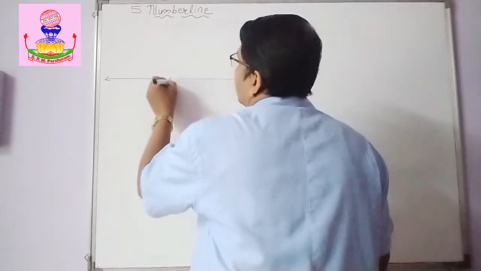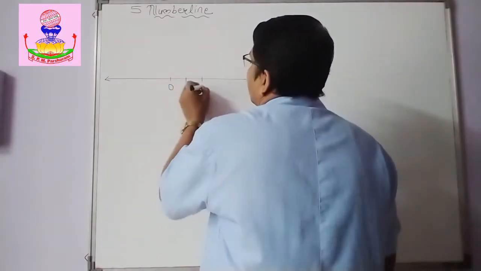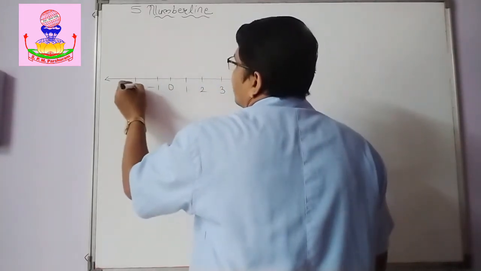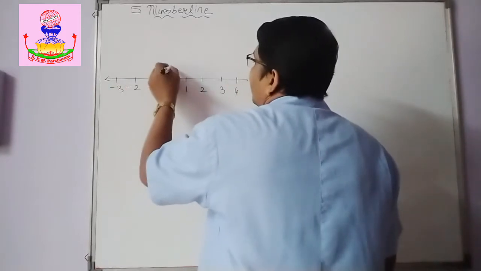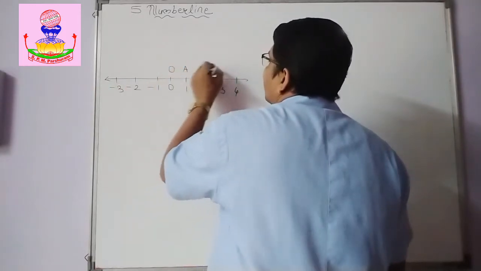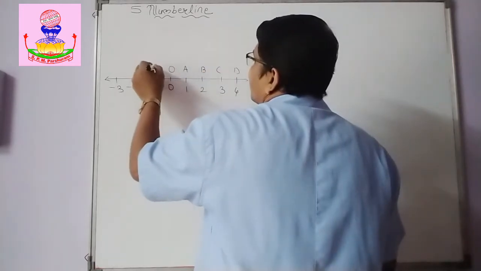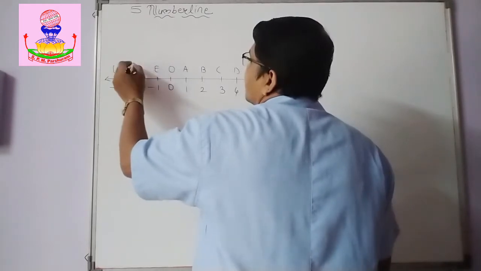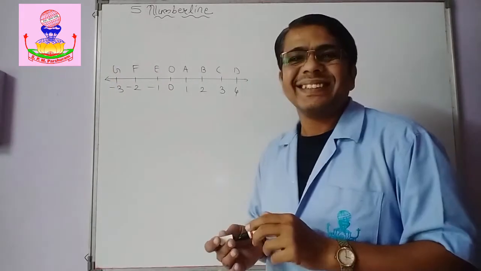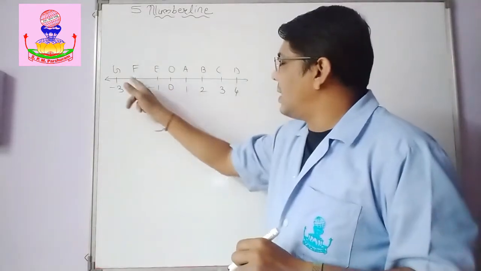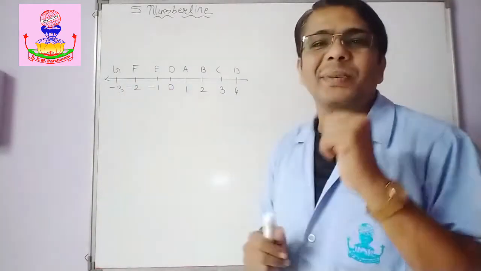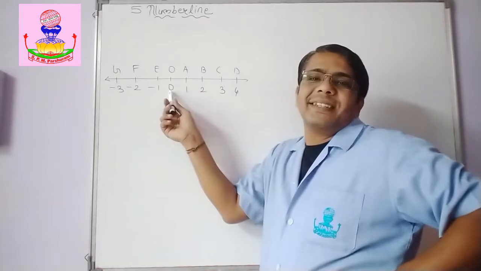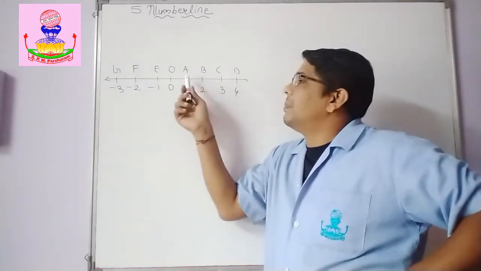For example, if I label it like this, the points on the number line are represented by numbers. So it is a number line. And here, point O represents 0. A represents 1.